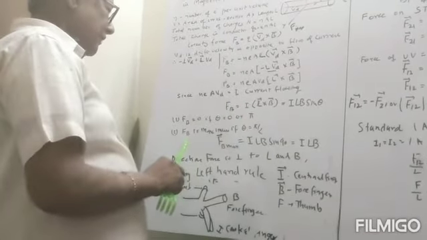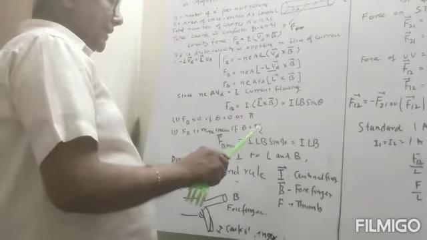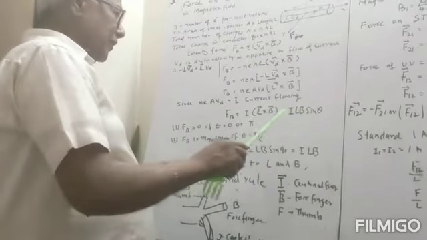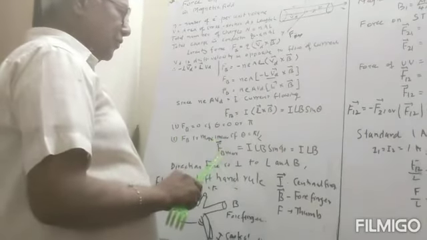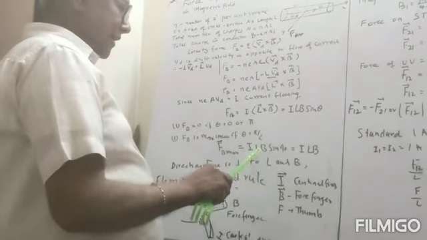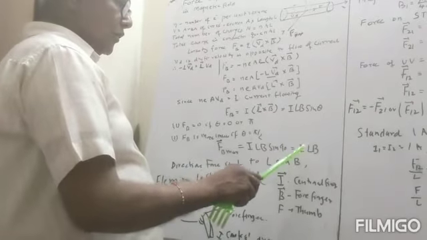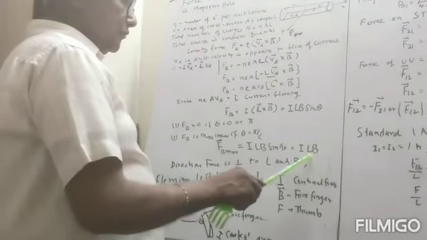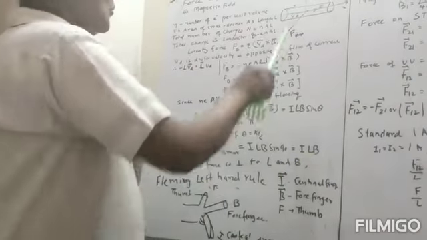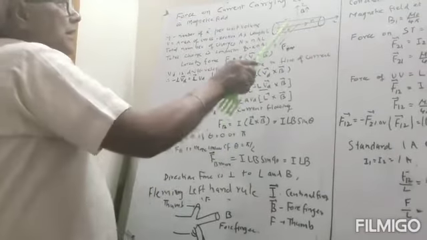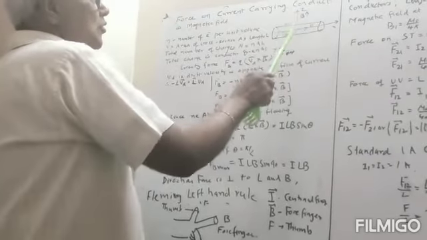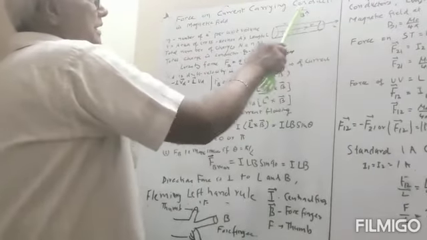Now the second case, when the angle is pi by 2, sin pi by 2 is 1. So the force Fb will be maximum and its value will be equal to I L B sin 90, which is equal to I L into B. So this will be the maximum force, and the direction of this force will be perpendicular to the plane containing L and B. This is the direction of L, this is the direction of B. So this is in the X direction, this is the Z direction.